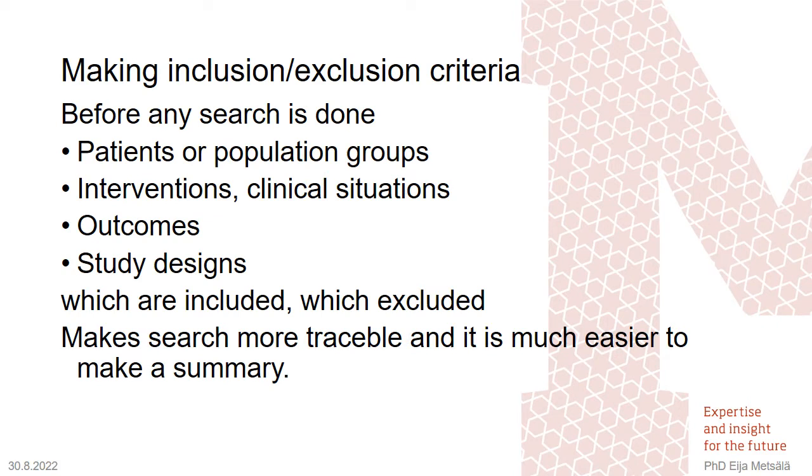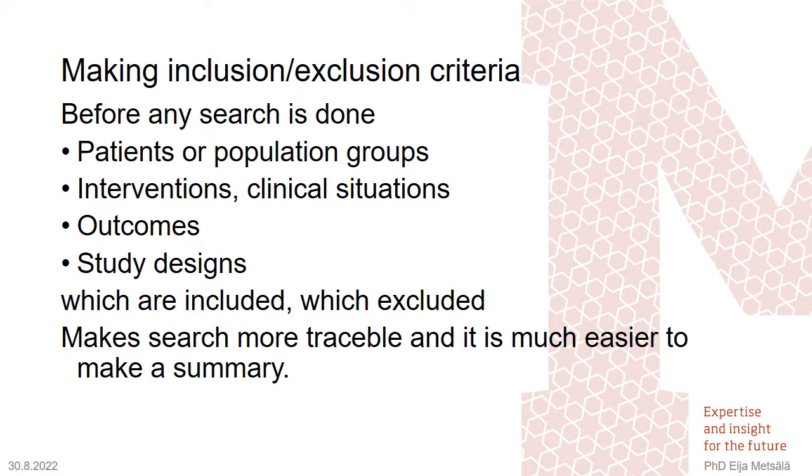Then, after we have defined a search question, we need to prepare our inclusion and exclusion criteria. What kind of studies we want to include, what studies we exclude. These also we can start creating out of the acronym we created.